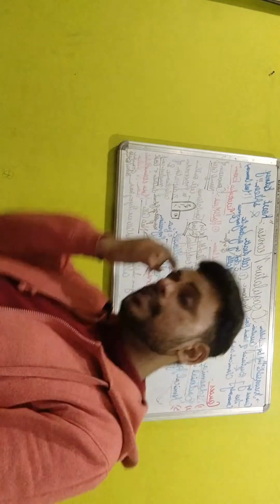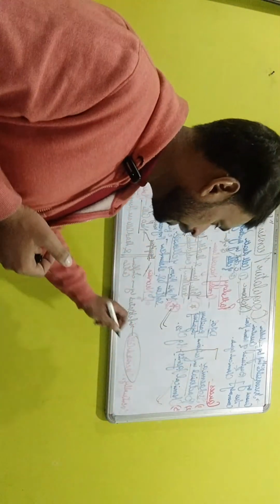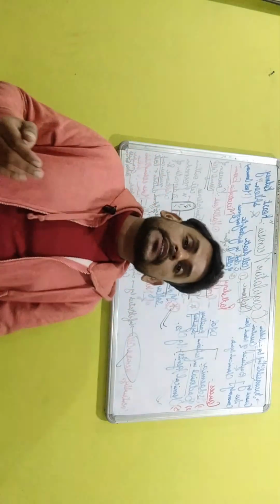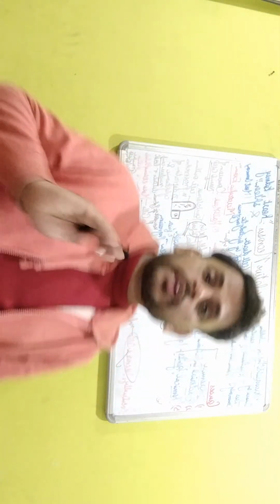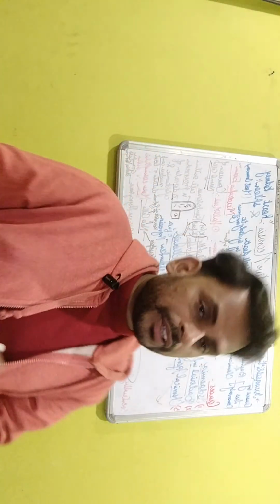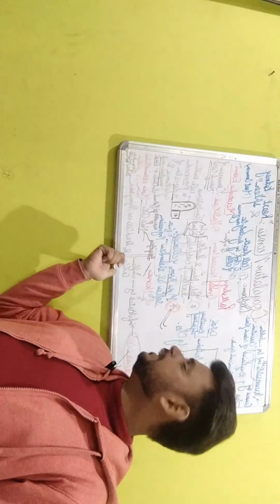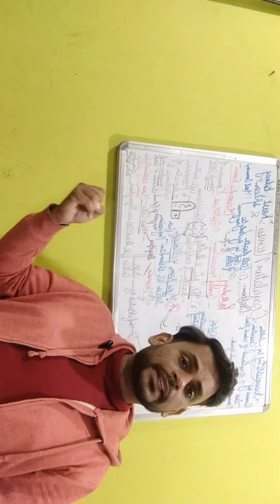Now, later on, eventually, the necrotic cells are necrosed, and then there is infiltration of the inflammatory cells. The infiltration of the inflammatory cells will occur to further disintegrate the cells, causing the release of hydrolytic enzymes.